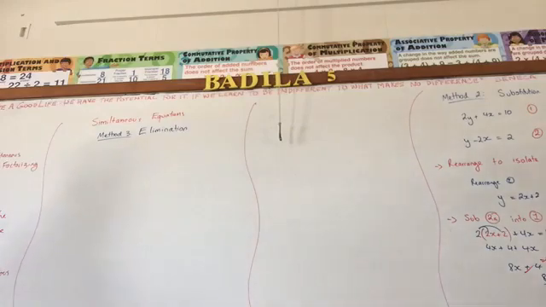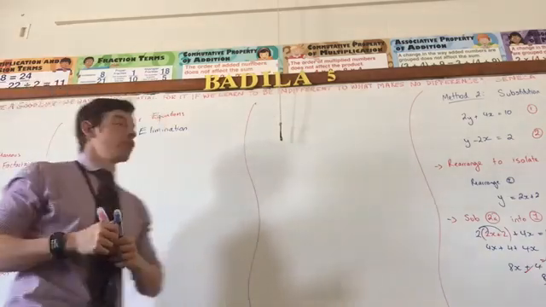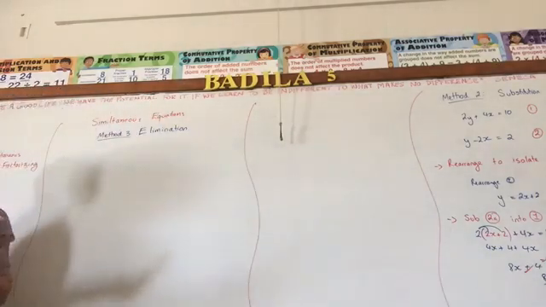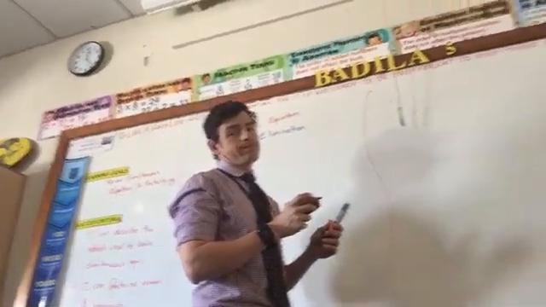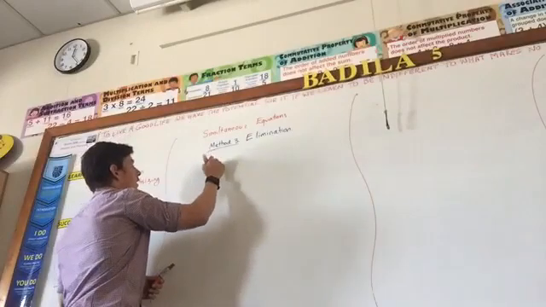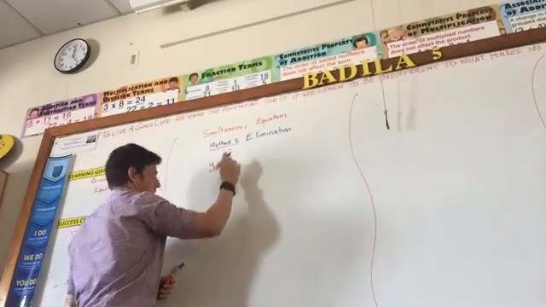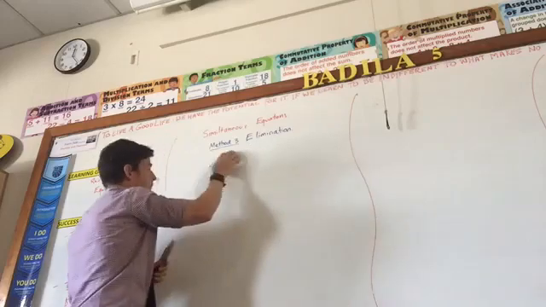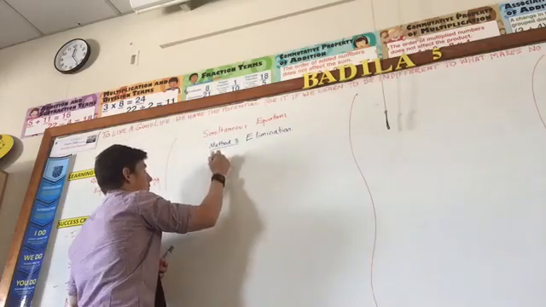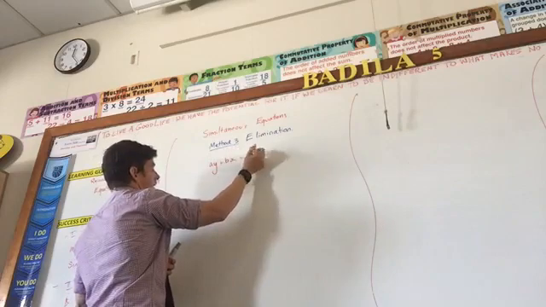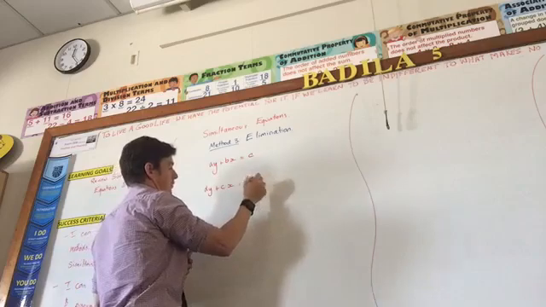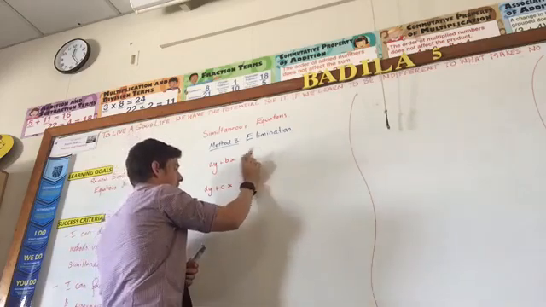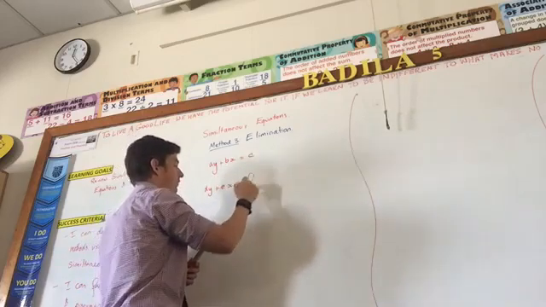Now, elimination is best used when we've got two equations that are in the form, AY plus BX equals some number C, and then EY plus FX equals some number.